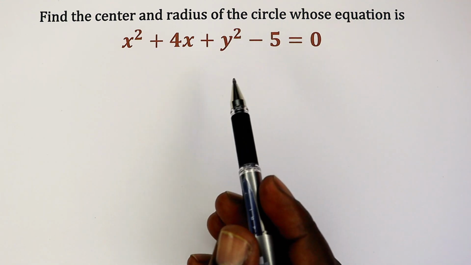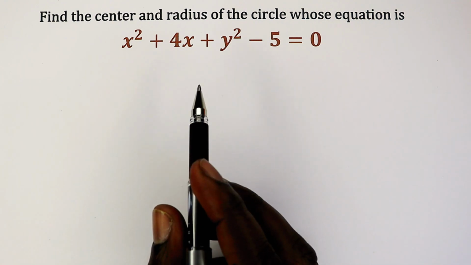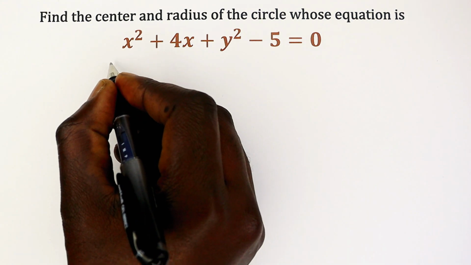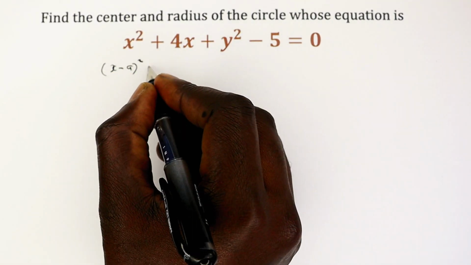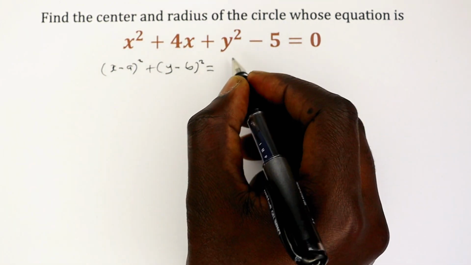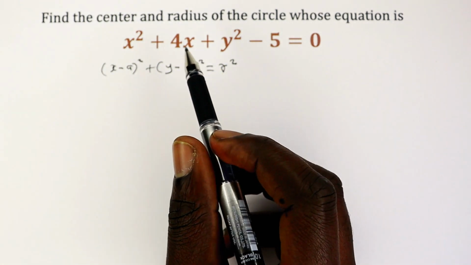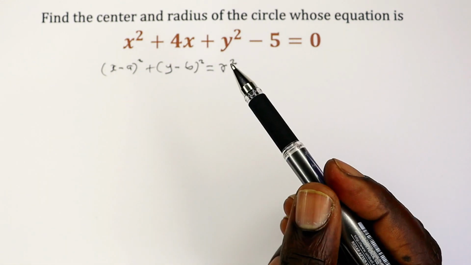So the first thing we need to do is remember that the equation for a circle is given by (x minus a) squared plus (y minus b) squared is equal to r squared. So what we're going to do is manipulate this equation to fit what we have.